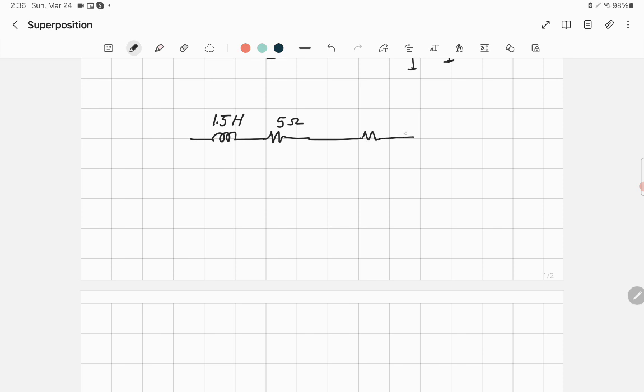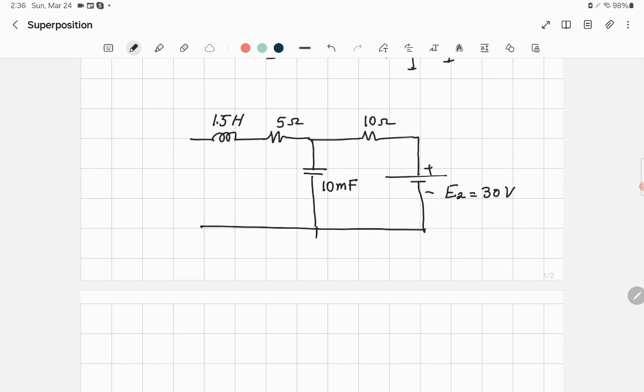And another resistance, 10 ohm, a capacitor at 10 millifarad, and you have two sources. One is DC, and the value of this voltage is equal to 30 volts, and that's the reference.